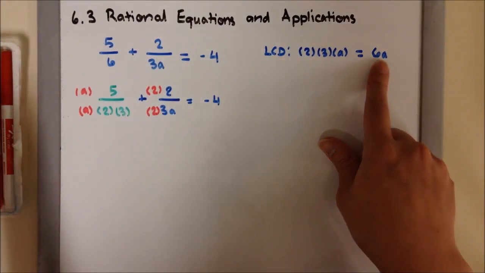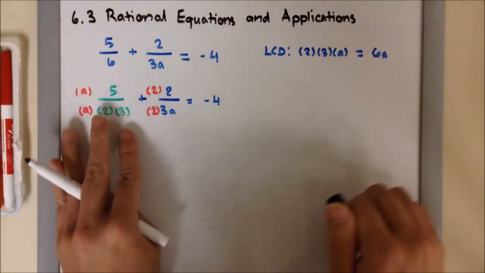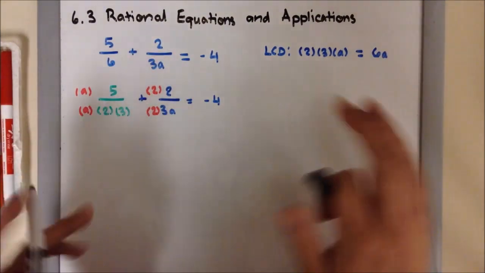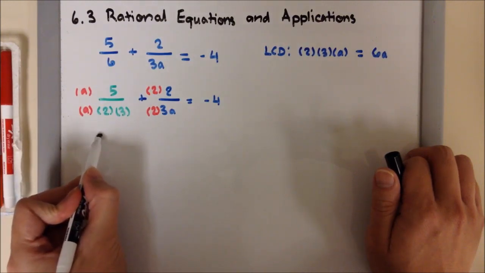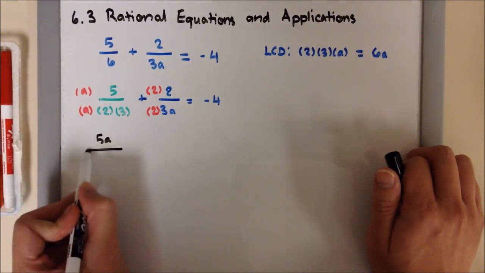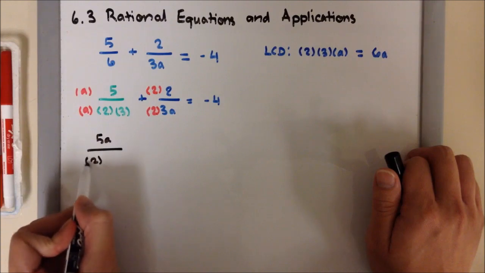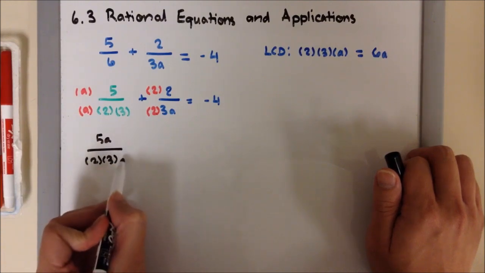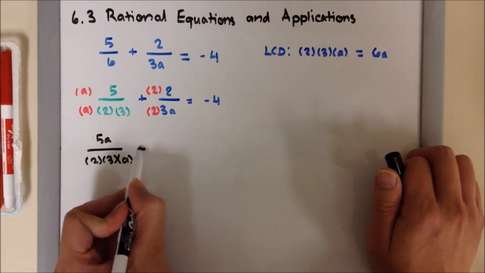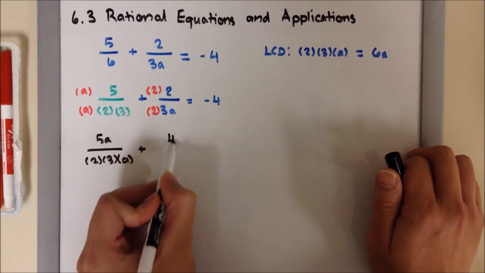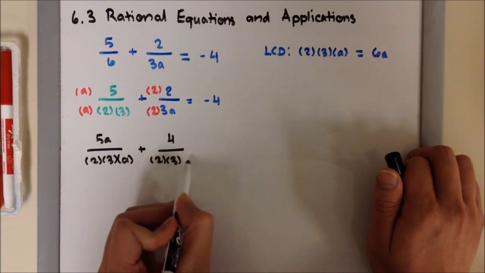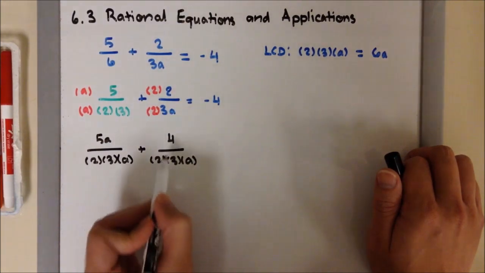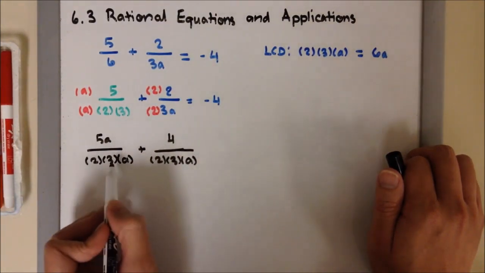Now, what I'm going to do first is just write the separate factors next to each other. But I'm still going to multiply the numerator. So the first fraction would be 5a over 2 times 3 times a, plus 2 times 2, 4, over 2 times 3 times a. The order doesn't really matter if they are just multiplying each other.